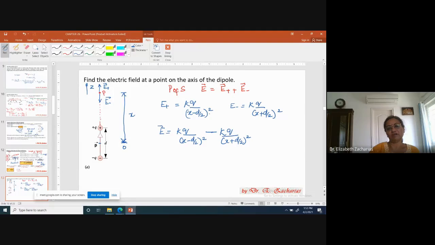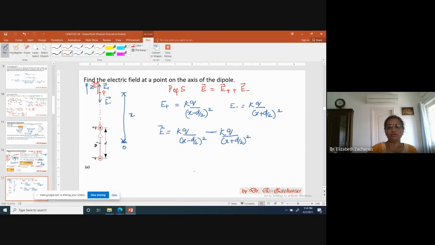The denominator is smaller here, and larger here. kq divided by a smaller denominator is always going to be a larger number. So you can say that the net field is going to be in the upward direction.